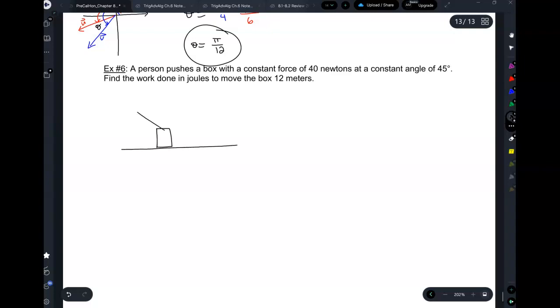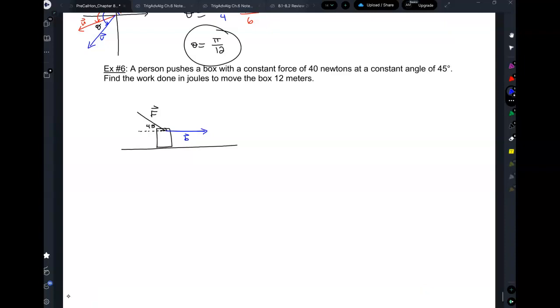Now, there is a force on this at an angle of 45 degrees, and that force is a vector. Find the work done in joules to move the box 12 meters. So the movement of the box, that's that vector.